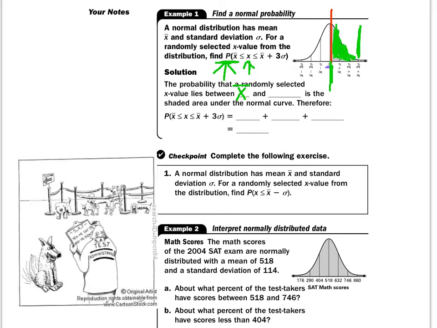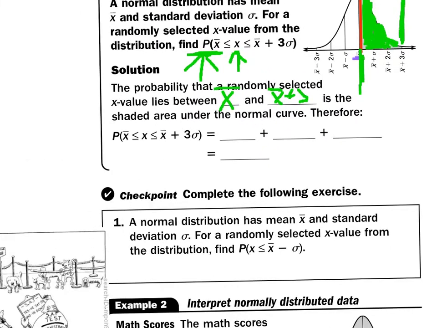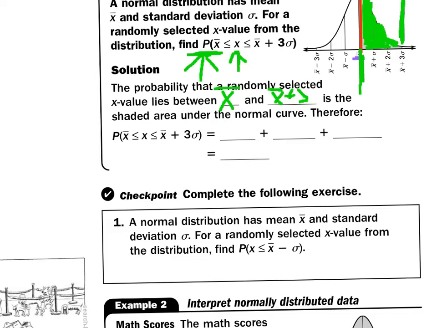And it's kind of like that whole geometric probability stuff we talked about. What's the area in that little spot right there? And so the probability that x lies between x bar and x bar plus 3 standard deviations is shaded. So remember that graph we had on the last page showed us that first little area would be 34%.